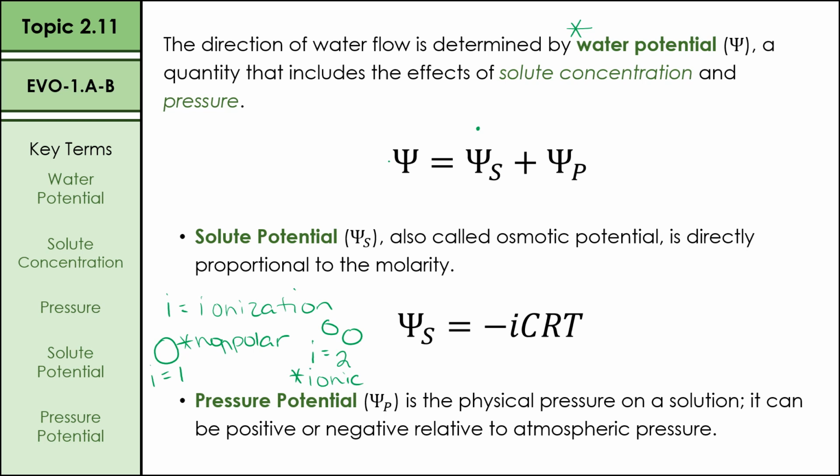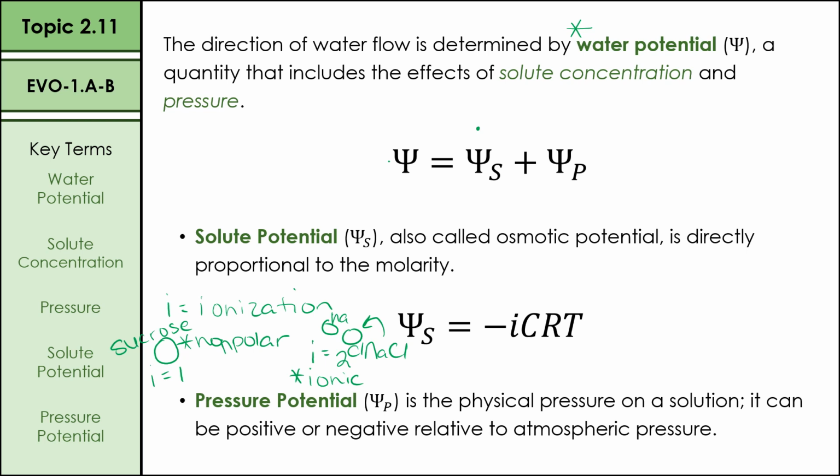We're going to be dealing with 2 major molecules in our practice problems here. So we'll have sucrose. Sucrose is non-polar, and so it is going to stay as one piece. And then we'll be dealing also with sodium chloride or salt, and that is an ionic bond. So it'll split into 2 separate pieces, sodium and chlorine.